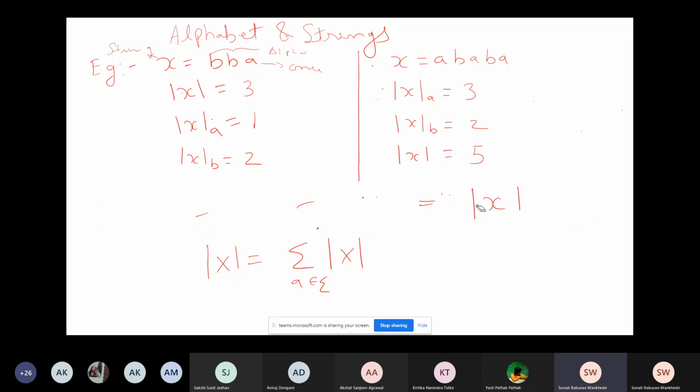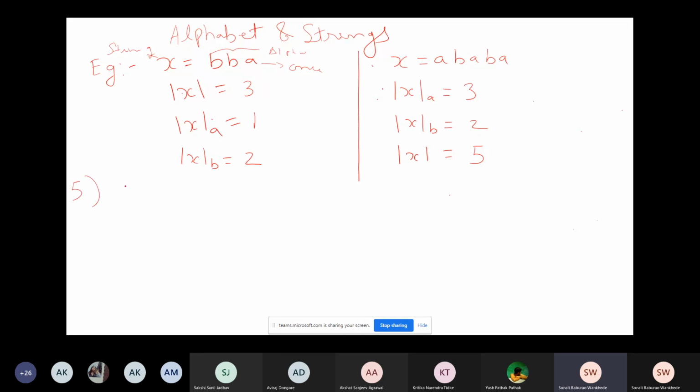Now we will see the next rule, the fifth one.